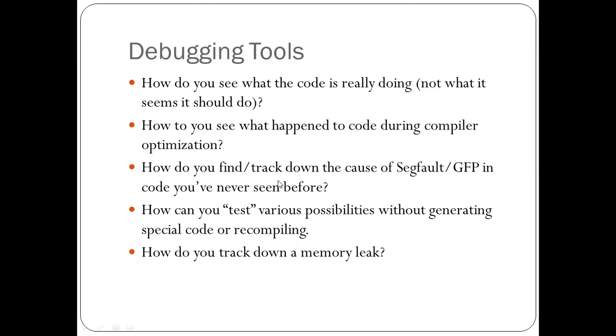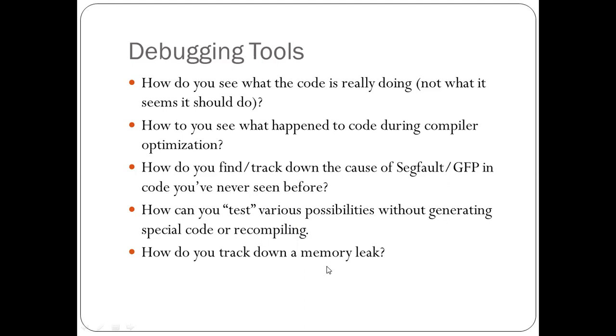Now, how do you track down the cause of a seg fault in code you have never seen before? So there are a number of codes here we will study regarding the debugging tools. Now how can you test various possibilities without generating special code or recompiling?